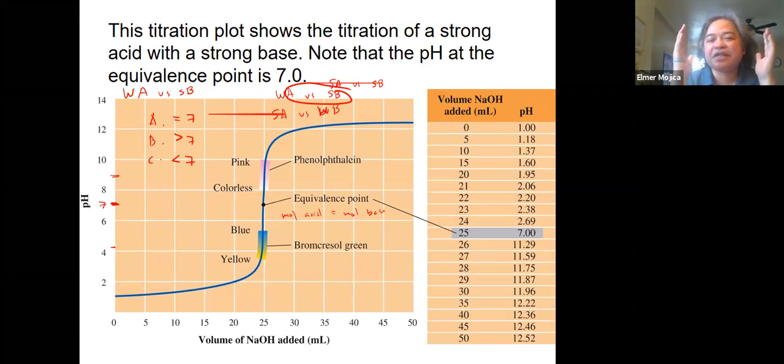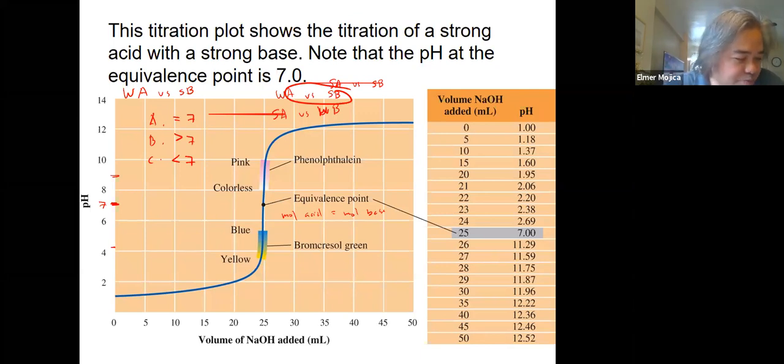Let's say you're titrating acetic acid versus NaOH, or maybe the one that you have this week. Anyone who did the experiment this week?